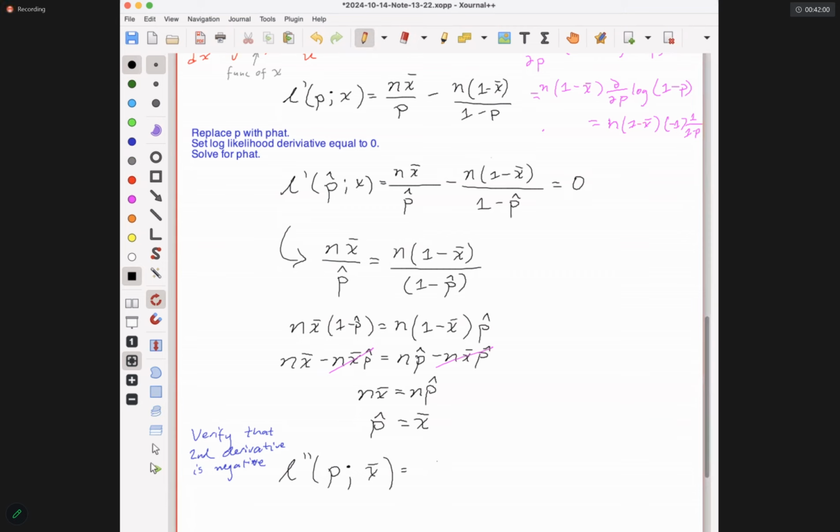But we differentiate that thing with respect to p, and we get negative n x bar over p squared minus n times 1 minus x bar over 1 minus p squared.